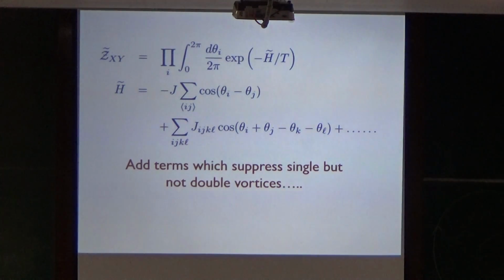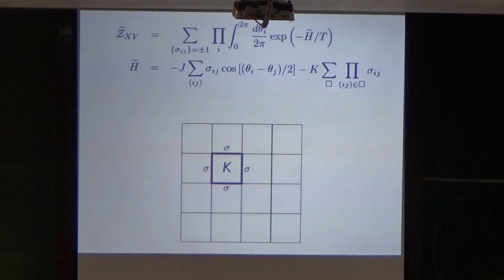You could do this, but it's not very illuminating, and it doesn't allow you to really prove that there's a phase transition. Okay, so what works is, in some sense, you take this term and you decouple it by introducing an auxiliary field. So this is the model I'm going to talk about now.